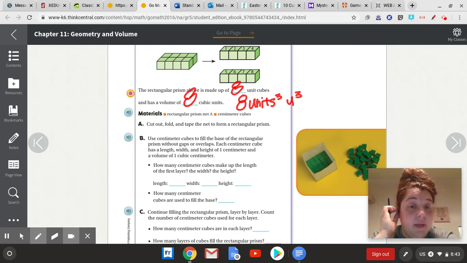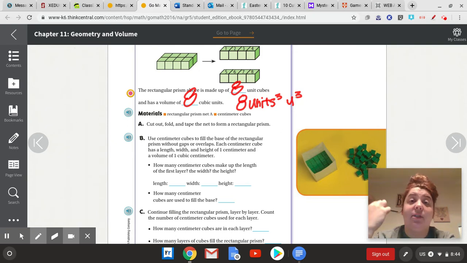Now, we obviously can't do that. So what it's telling you is that each centimeter cube has a length, width, and a height of 1 centimeter and a volume of 1 cubic centimeter. So all the way around, it's 1 centimeter by 1 centimeter by 1 centimeter. And it would want you to fill up the net that goes with this with all of those cubes.